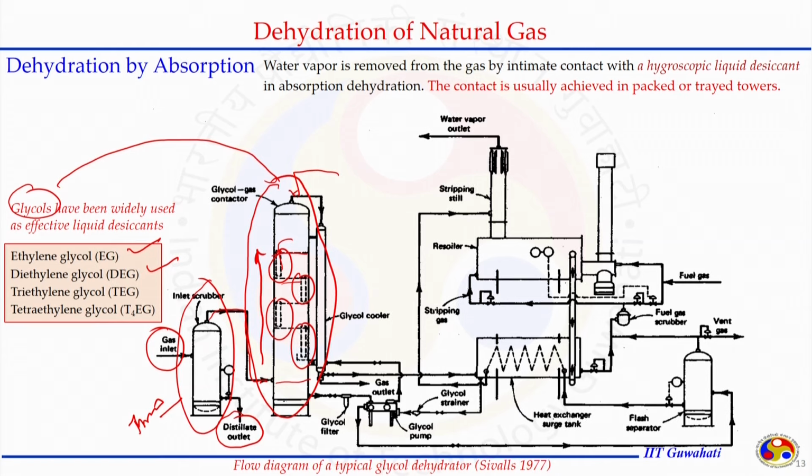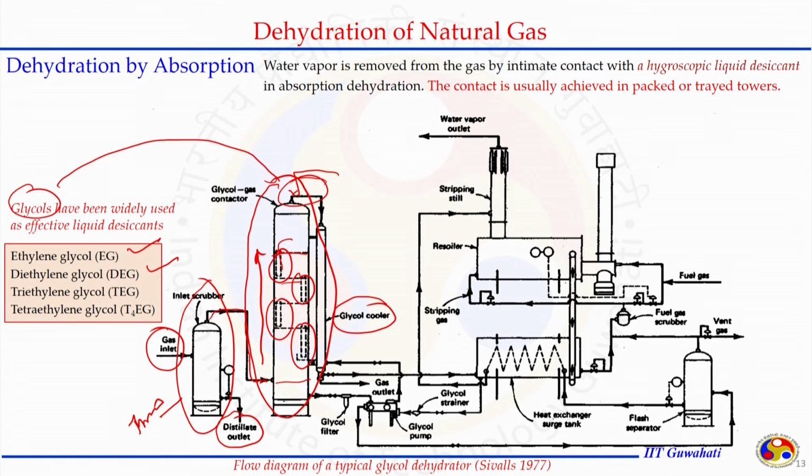Because of the packing and the tray arrangement, the contact time can be adjusted to increase the efficiency of the process. The glycol that is coming to the system, coming through this line from the glycol cooler, we can see is getting regenerated, means purified, before it is sent to the tower, where we have this contact, and from the bottom part we are going to get the lean gas.